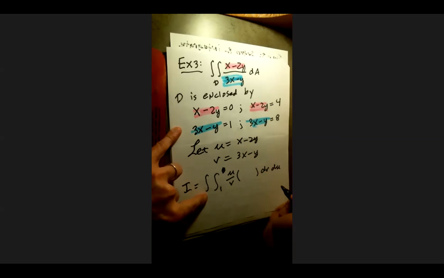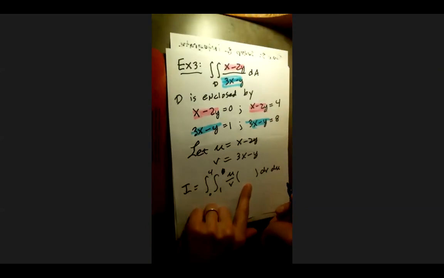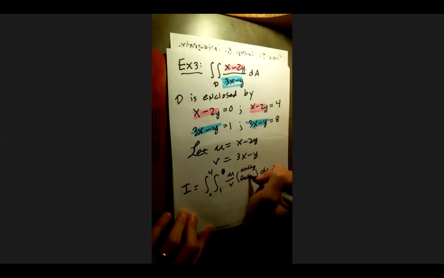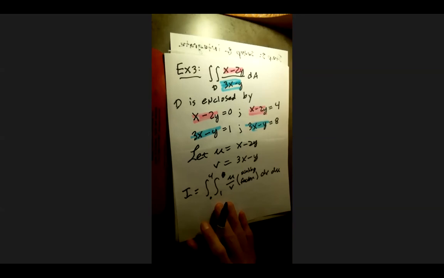And our u's between 0 and 4. And what is it that we can't forget? Scaling factor. We don't know how to find it yet, but we know there's going to be one. Even if that scaling factor turned out to be a 1, there's a scaling factor. Good. See how it happens there?